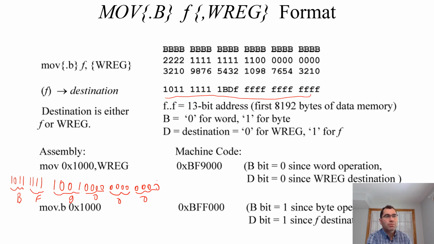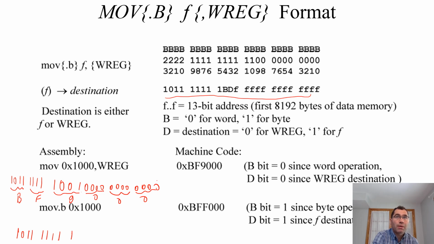So you can do similar stuff for this one. The only difference is that because it's .B, this B is going to be 1. Let's just put it here. Again, it's going to be 1 0 1 1 1 1 1 1 1.